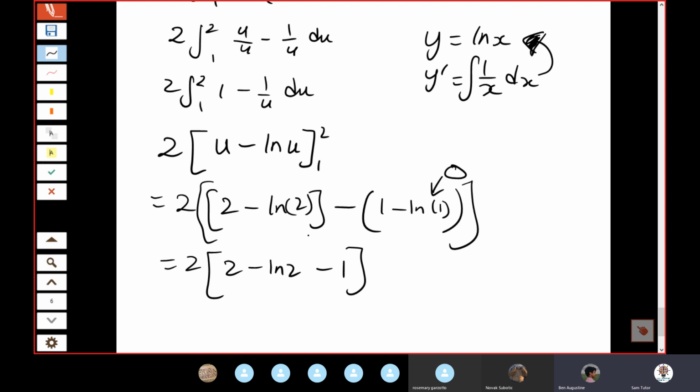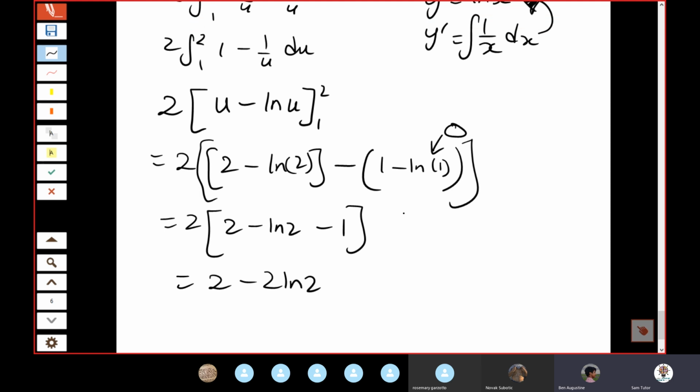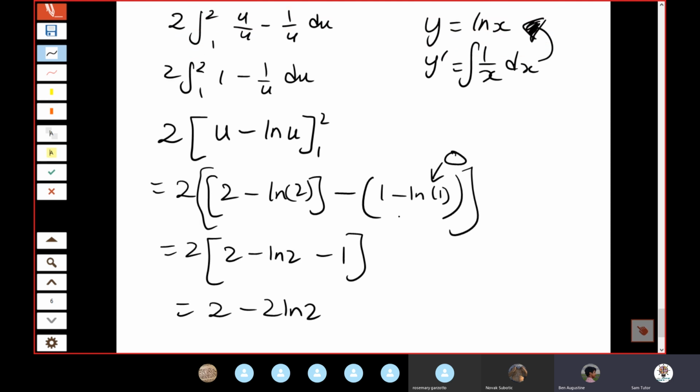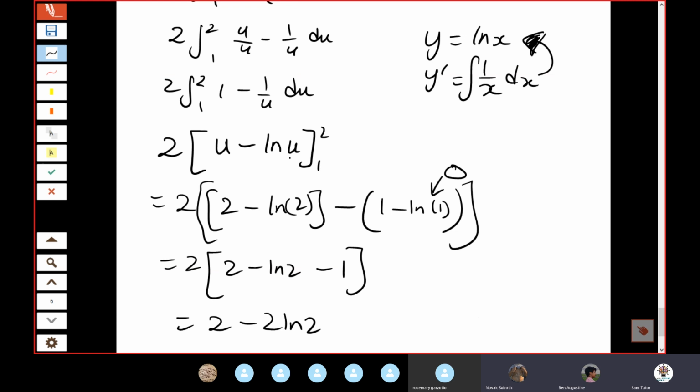And then 2 take away 1 is 1. So your final answer is 2 times 1, which is 2, minus 2 log 2. Follow up, you guys. The hardest step here, I guess, was splitting the denominator firstly, then the integral of 1 on u.